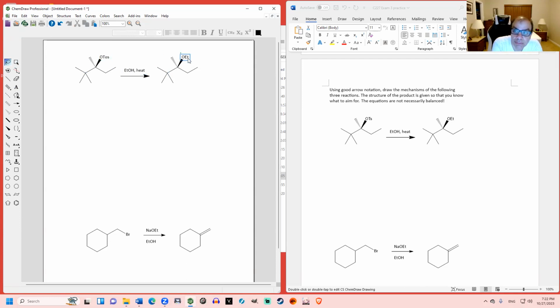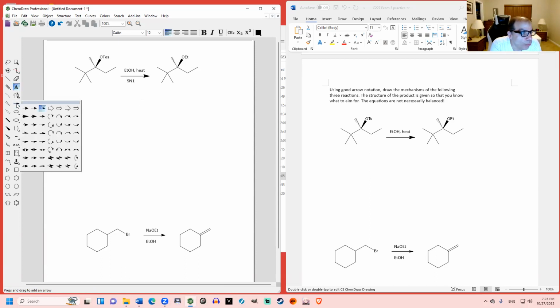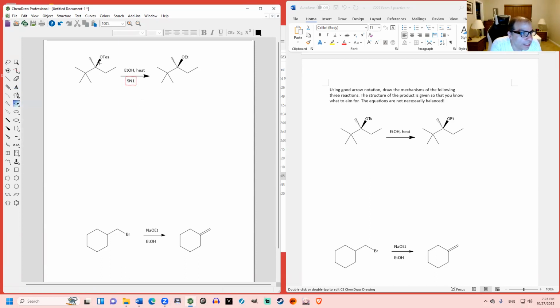And since it's a tertiary substrate, our substitution reaction needs to be unimolecular. This is going to go through a tertiary carbocation. So this is going to be an SN1 reaction. And the first step in both SN1 and E1 is loss of that leaving group.